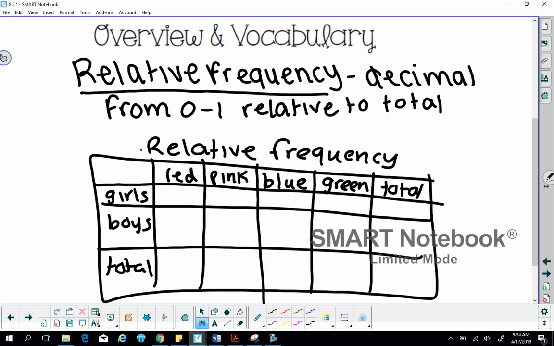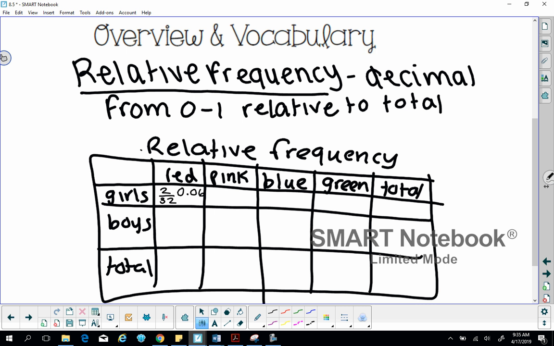What do you end up getting when you put that in your calculator? Don't change it to a percent though. 0.0625. So we'll just put 0.06.